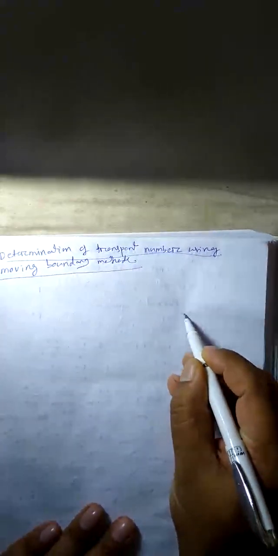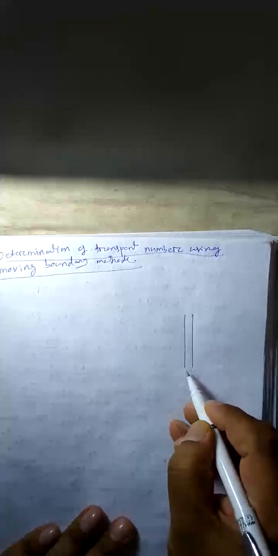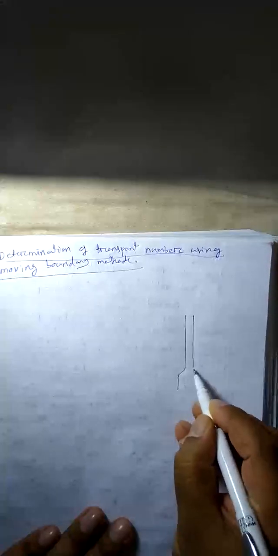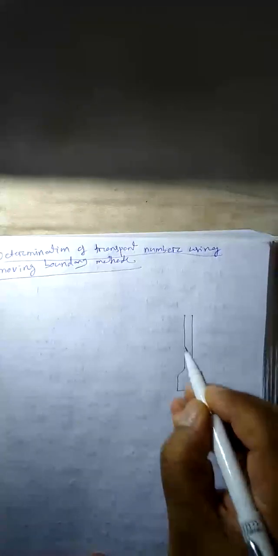In this diagram, consider a vertical uniform bore tube. In the uniform bore tube, the anode is present at the bottom, and the cathode is present at the upper end of the tube.